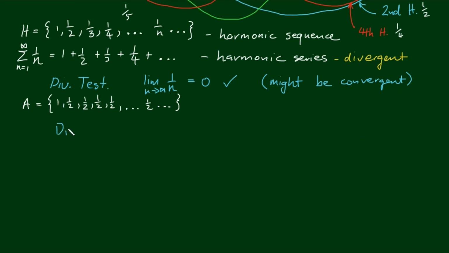So it's obvious here that by the divergence test, the limit as n goes to infinity of a sub n is equal to 1/2, which is not equal to 0. So it's definitely a divergent series, because you can add up as many halves as you like and get a number as large as you like. But what we're going to do is compare this to the harmonic series.